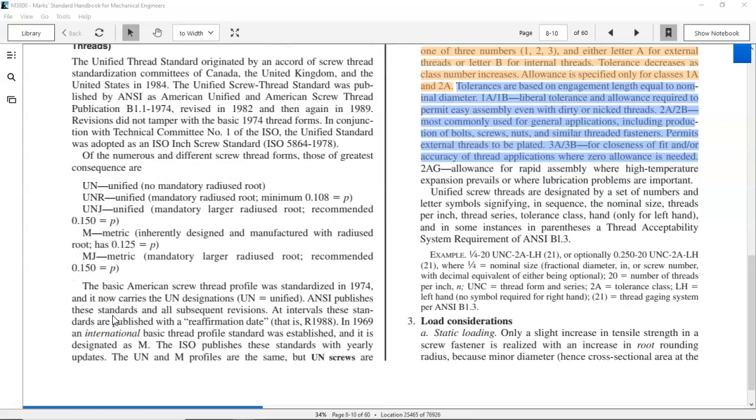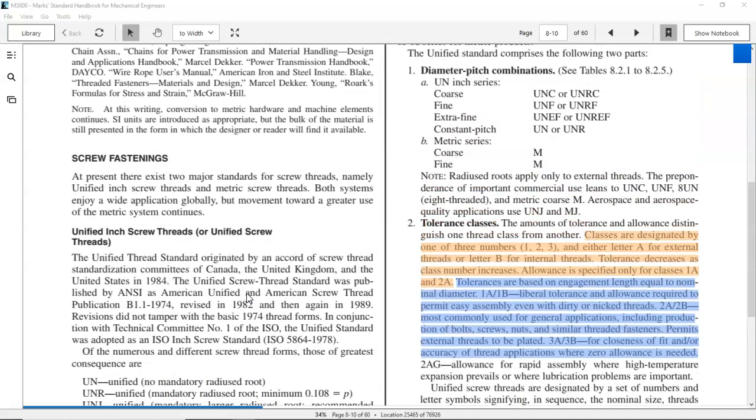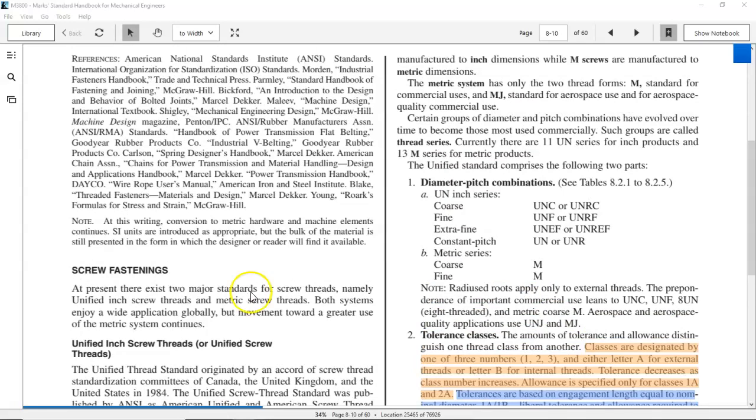So you have within that group the UN and the M. So Unified National Coarse, Unified National Fine, Extra Fine, and Constant Pitch. I believe there's still a UNS for when you make your own thread, and you're going to have to machine both components.